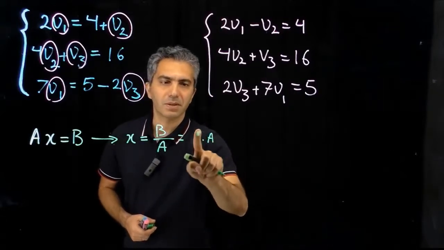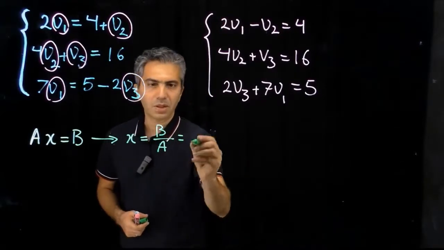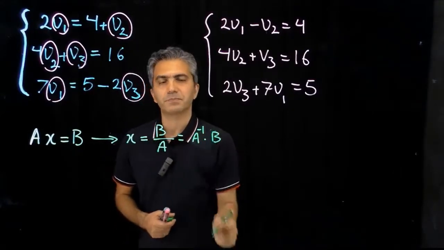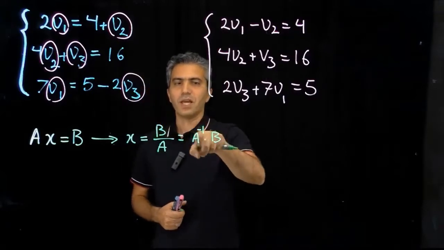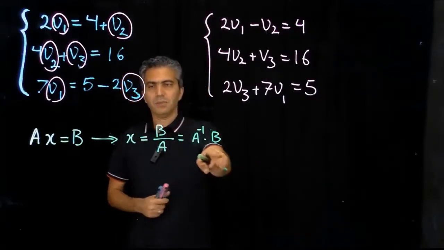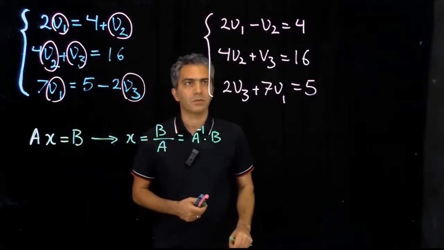Sorry, mistake. So inverse of A multiplied by B, that would be the value for X. Keep that in mind. We're going to go back to it.